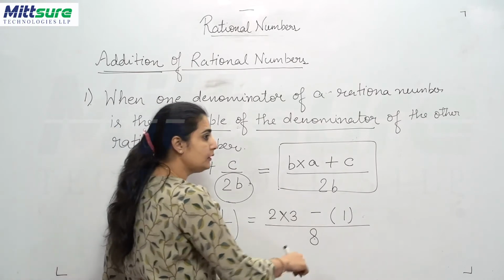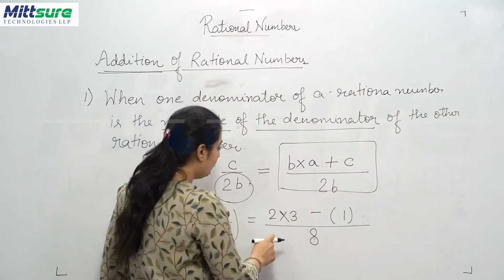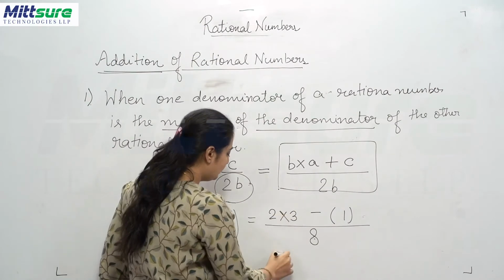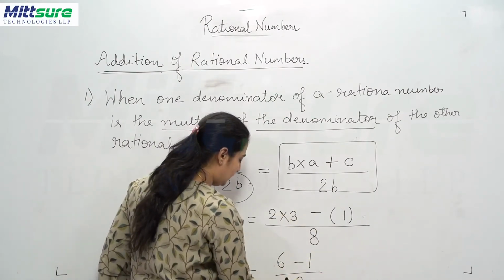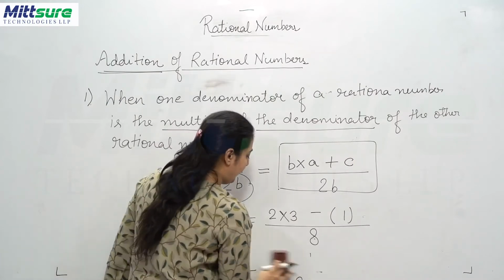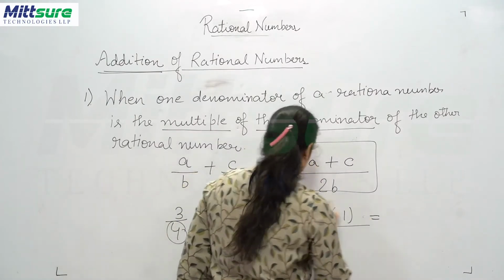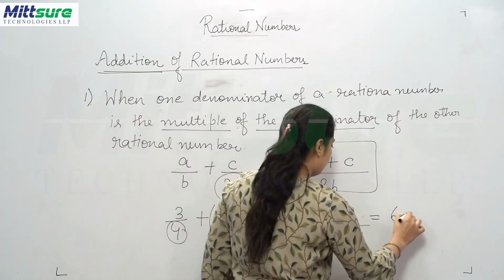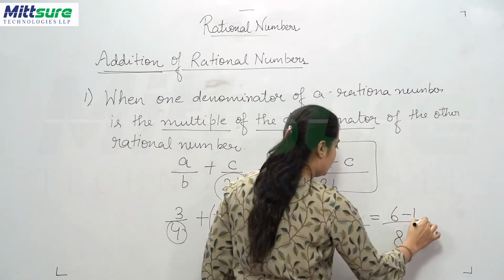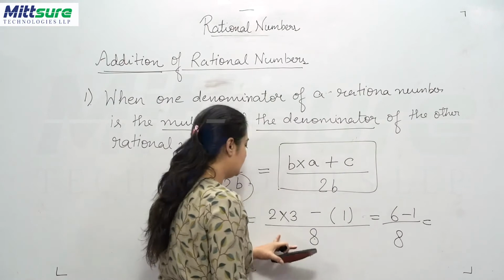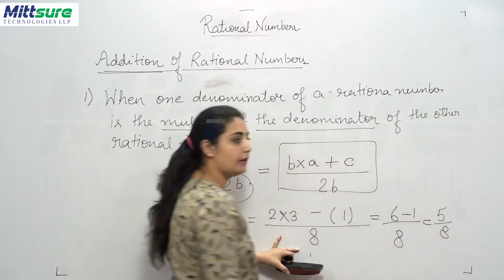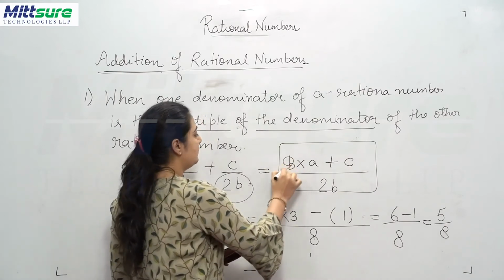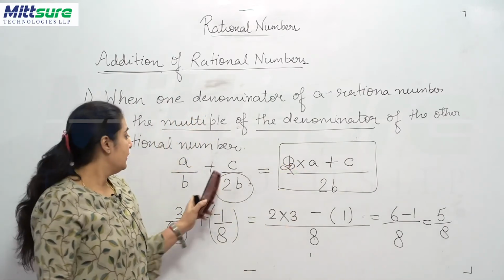Clear? So here 2 3s are 6 minus 1 upon 8, and my result is what? 5 upon 8. So this is what we get here.